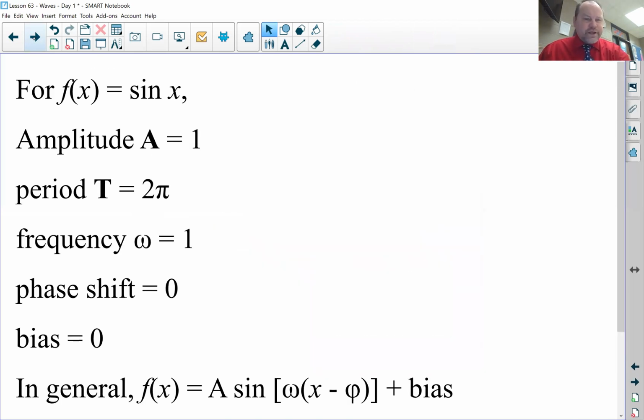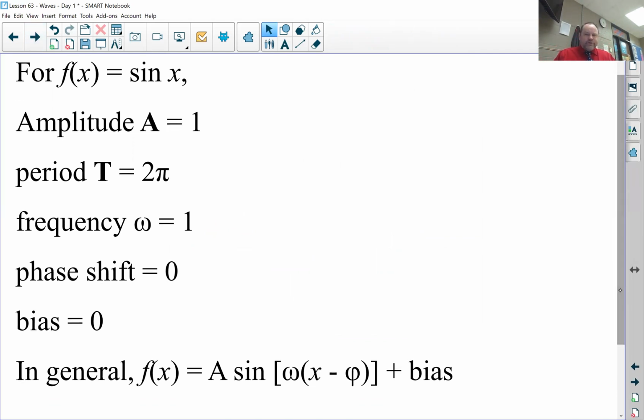All right, so for sine of x, the amplitude is 1. So the amplitude is always going to be the maximum value minus the minimum value divided by 2.